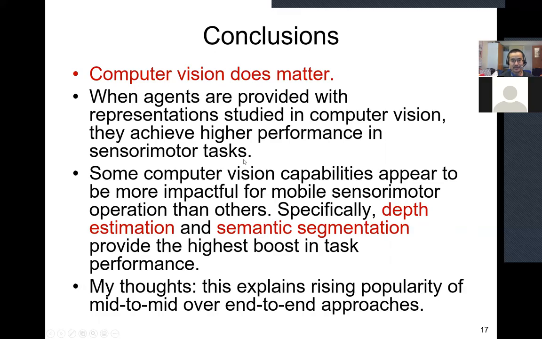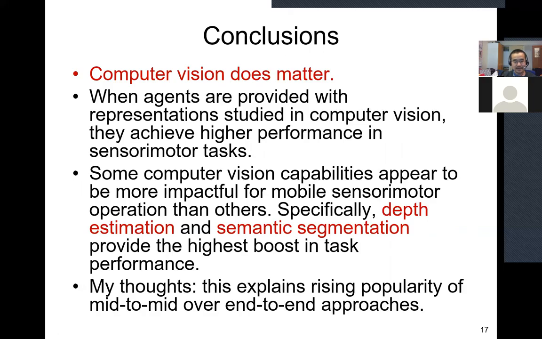Specifically, depth estimation and semantic segmentation provide the highest boost in task performance. So you can imagine depth estimation tells you how far the other object is from you. Semantic segmentation tells you which is the road surface you can drive on. So obviously they are crucial to driving tasks.